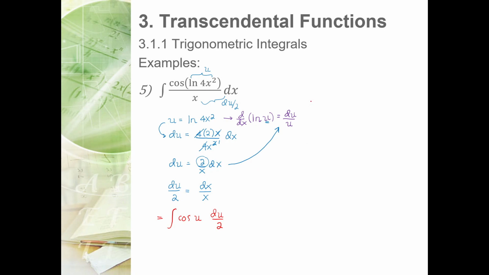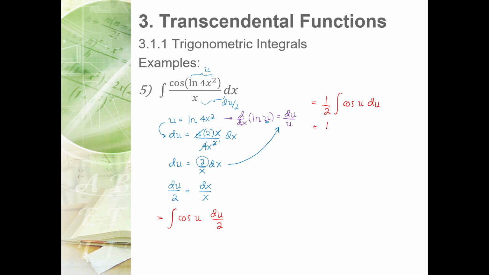Taking the constant outside, that's 1/2, so integral of cosine u du. Since this one is a basic formula, the integral of cosine is just sine u plus c.